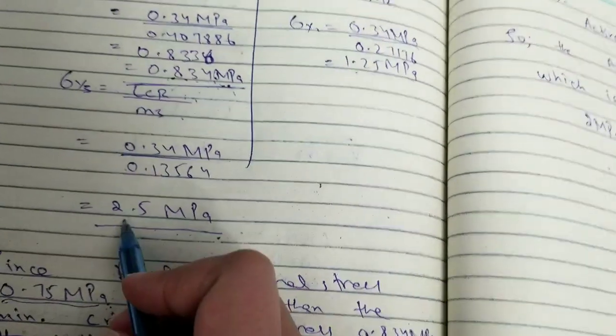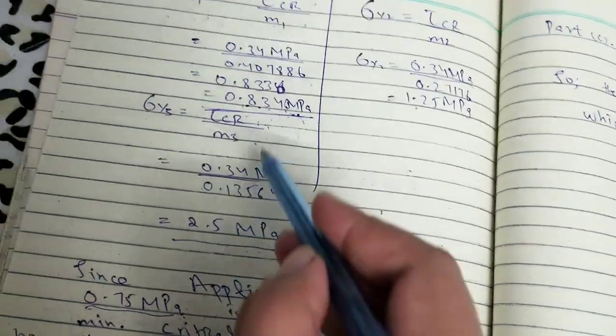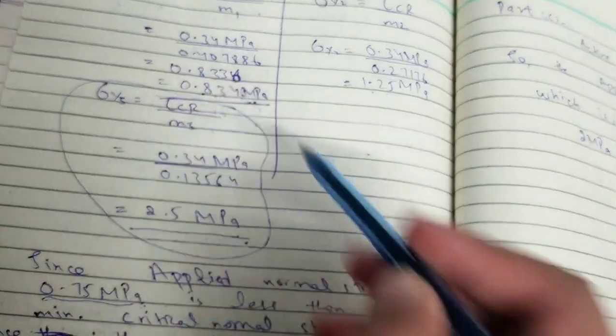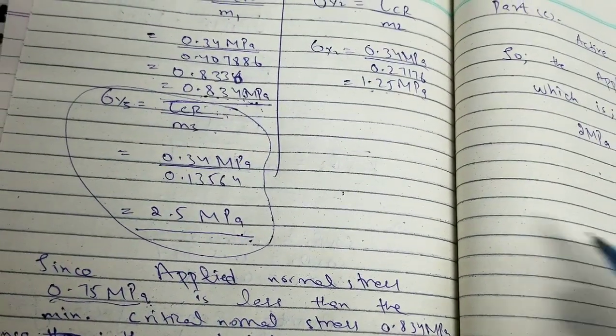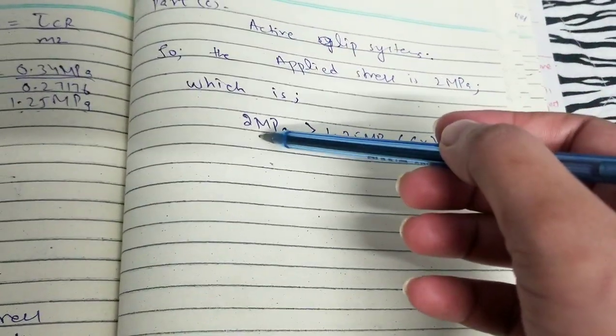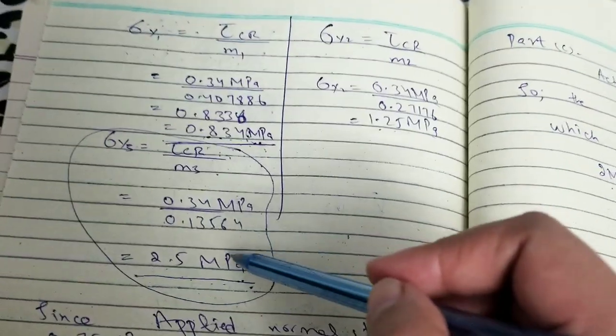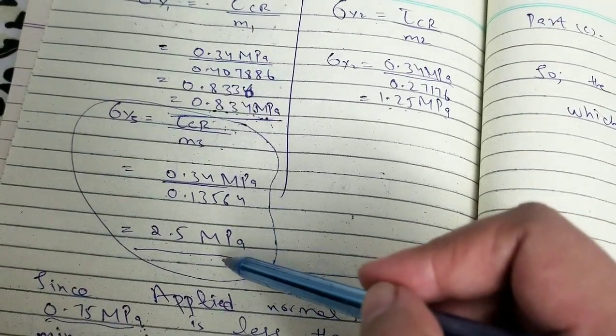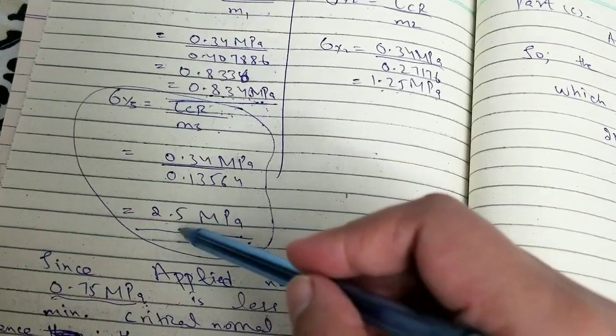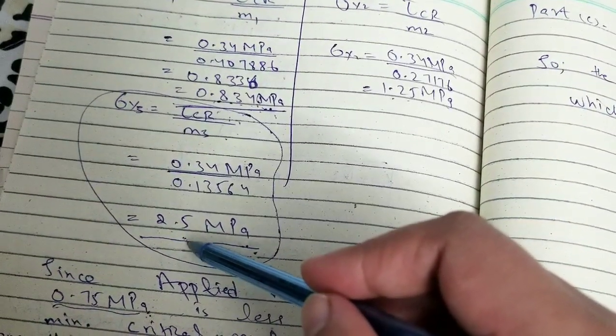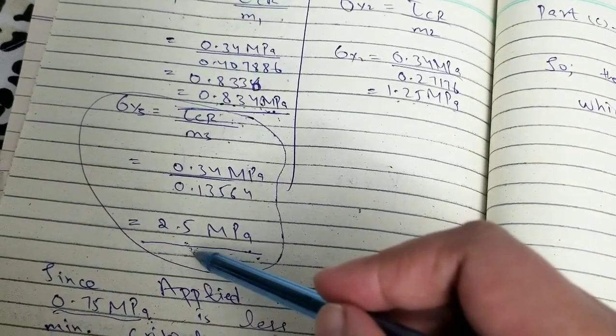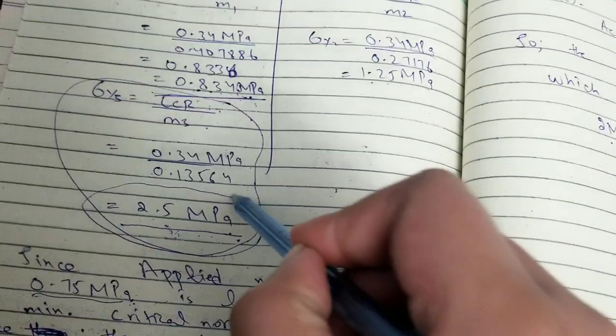But it is less than 2.5 megapascal, so this slip system will not be active. When the stress of 2 megapascal is applied, this slip system will not be active, because greater force is required to produce plastic deformation along this system.